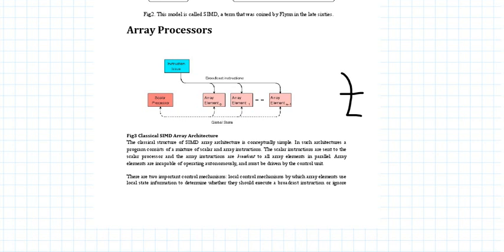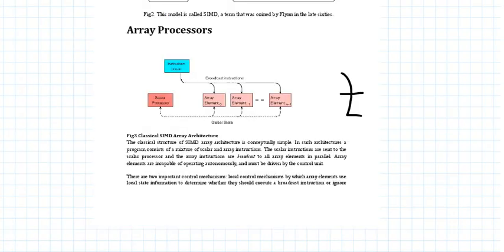So you can say that this broadcasting to all array elements in parallel is justified. The instructions are not interdependent, and as a result, the computations going on in different processing elements are also independent of one another.